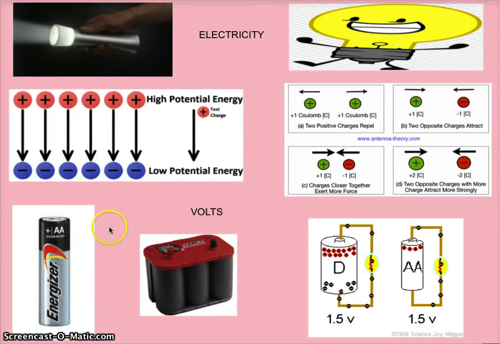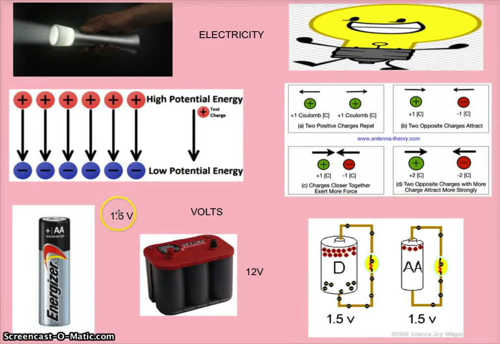But here you have a regular old battery. AAs are very common. These small batteries are about 1.5 volts, and it'd be a capital V. Now these large car batteries are usually about 12 volts. So these are measuring potential energy.